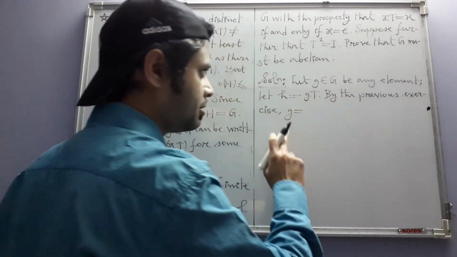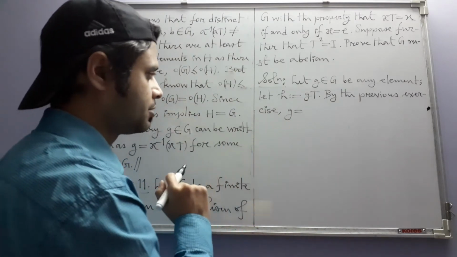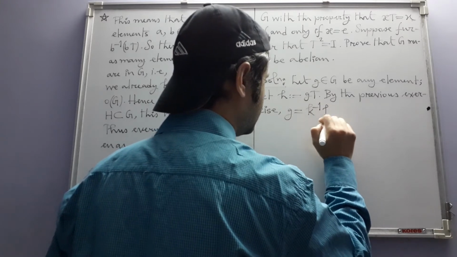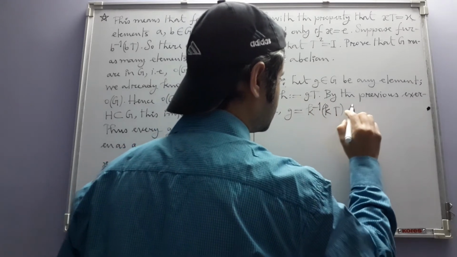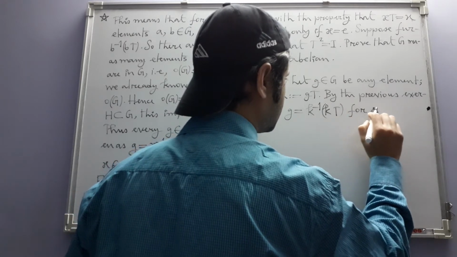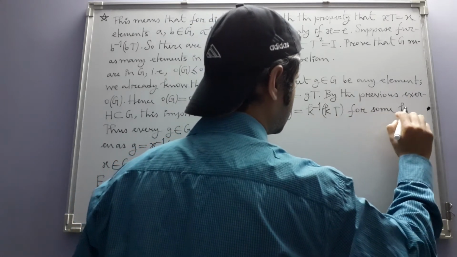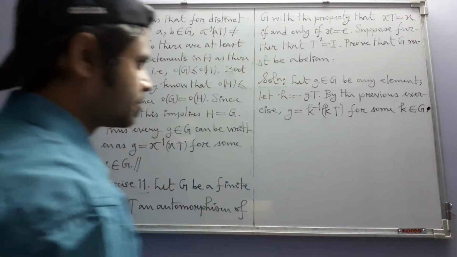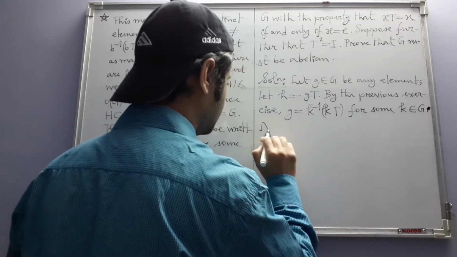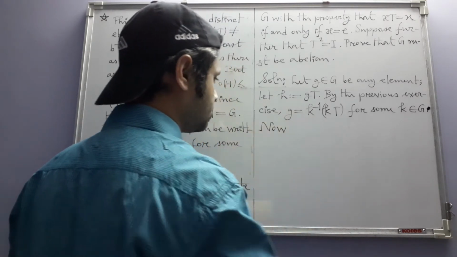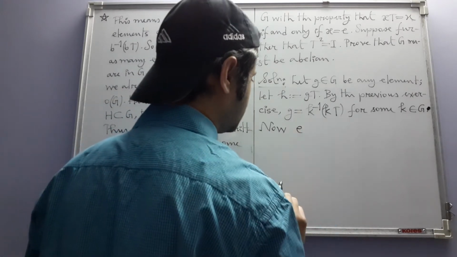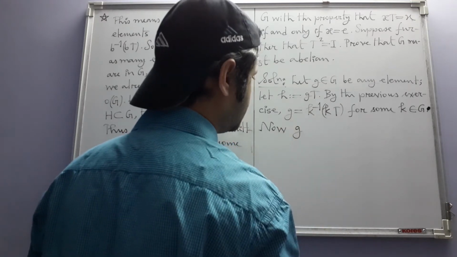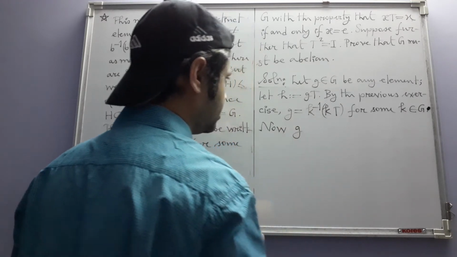G being an element in G, and since there is one such T, can be written in this form: K inverse KT for some element K in G. Now we calculate, should we calculate GH or HG?